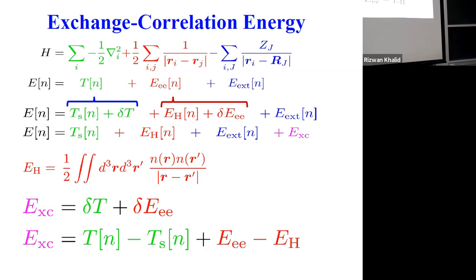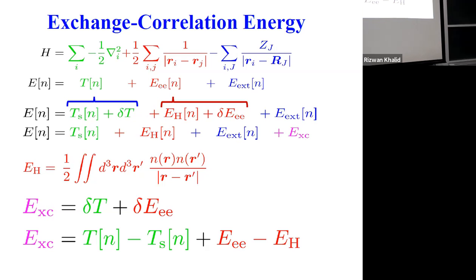This is the correction to it. If you add this delta EE to the Hartree energy, you get the actual electron-electron repulsion energy. So doing so, we collect these corrections to the kinetic energy and the correction to the electron-electron repulsion in one term, which is called the exchange correlation energy.